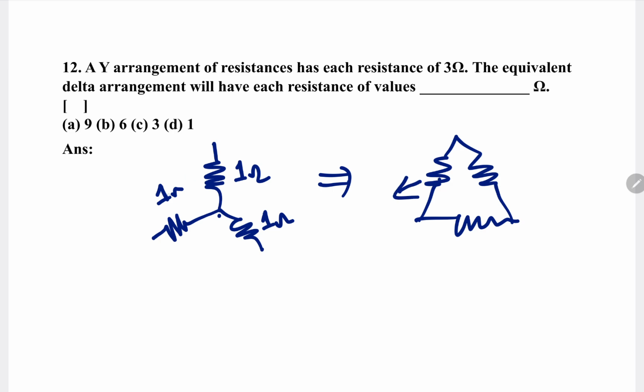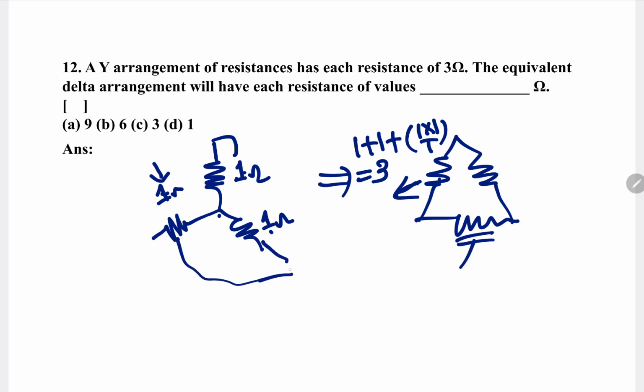This value came because of this 1 ohm and this 1 ohm, so this resistance value is equal to 1 plus 1 plus 1 into 1 by the third resistor, 1. So what is the value? 3.